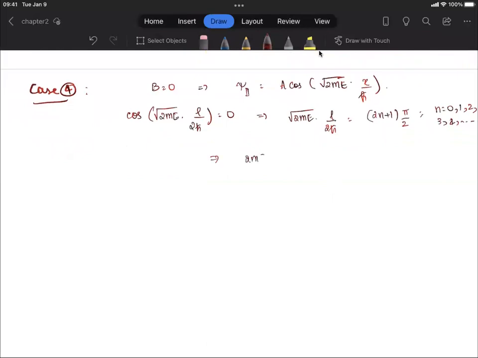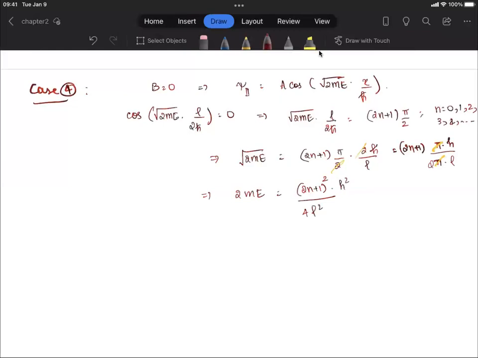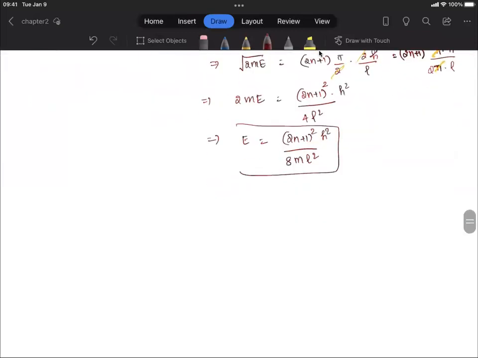Now that would mean... now if I were to square this whole thing, and this is very similar to the energy of a particle in a box, right?